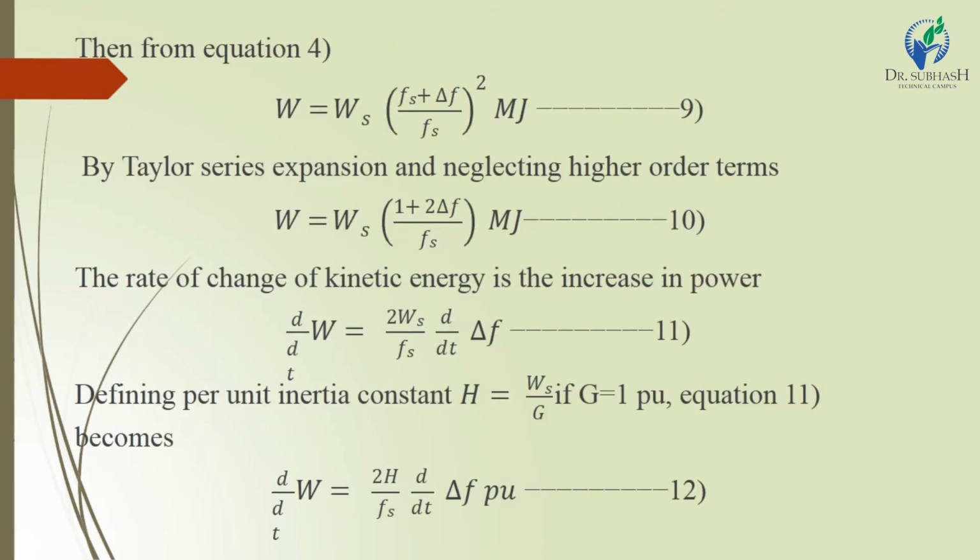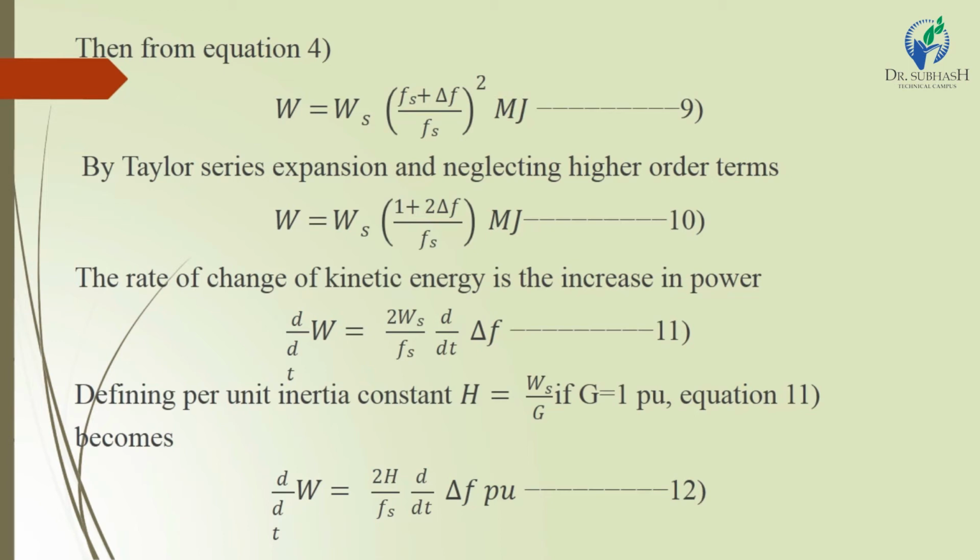From equation number 4, W = Ws (fs + Δf)²/fs² megajoules, equation number 9. By Taylor series expansion, neglecting the higher order terms, we can write W = Ws (1 + 2Δf/fs) megajoules.